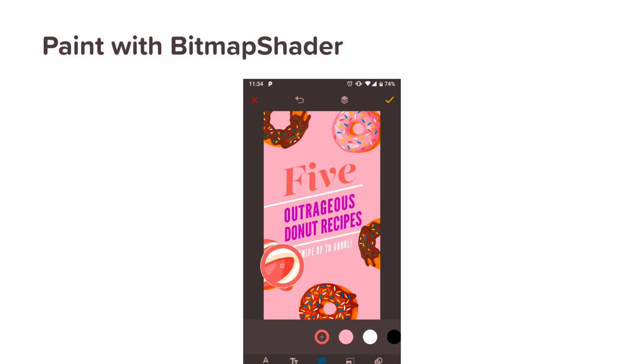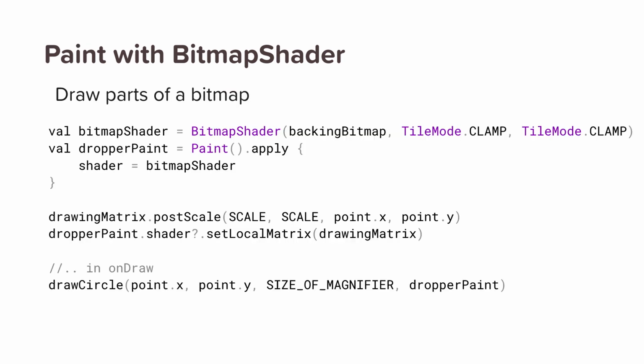I don't know if you can see, but where that point is, it zooms in a little bit on that bitmap. A shader is what did that, because we created a bitmap shader, and that takes a bitmap in, and you can scale your bitmap or translate it and get that cool zoomed in effect. So how do you do this?